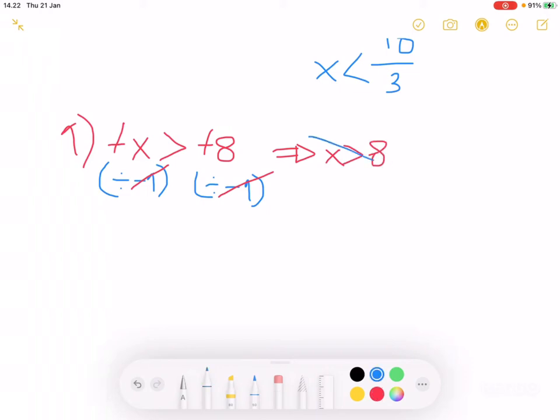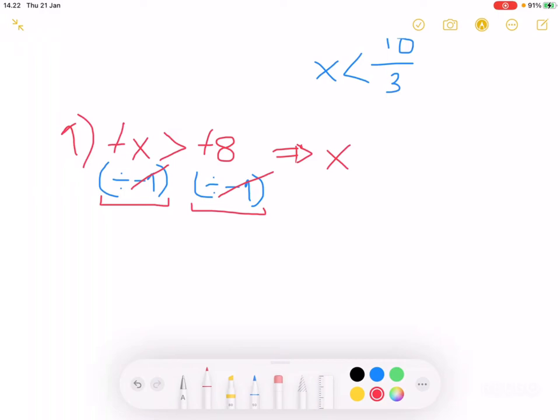However, this is not in fact the answer, because there's something very special about these inequalities. When you have to divide or multiply by a negative number, the inequality sign flips.